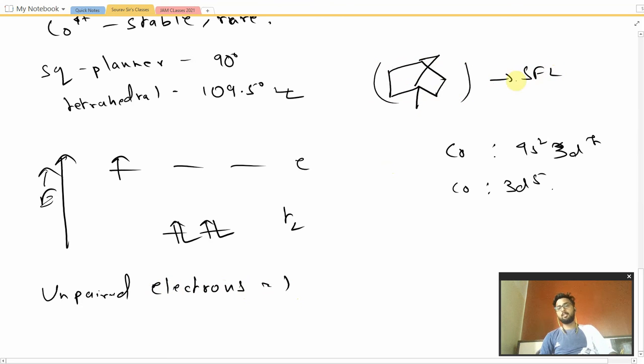We do not study such huge ligands in coordination chemistry, but this is just an informative type of question: as the ligand is very bulky and it supports the higher oxidation state of cobalt, therefore this is a strong field ligand. So the geometry is tetrahedral, and the number of unpaired electrons is 1.